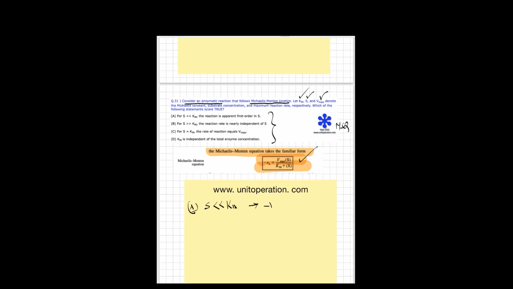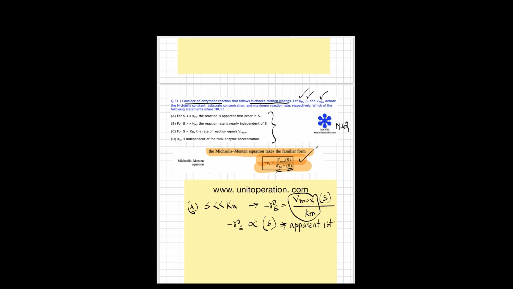Minus Rs would be equal to Vmax multiplied by the substrate concentration divided by Km, because S is much smaller than the value of Km. So these two are constant. So minus Rs is proportional to the substrate concentration, which really translates to an apparent first order reaction.